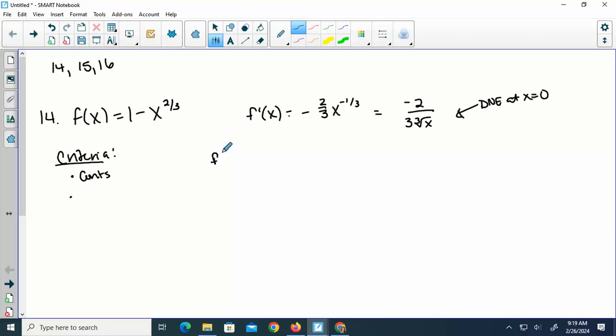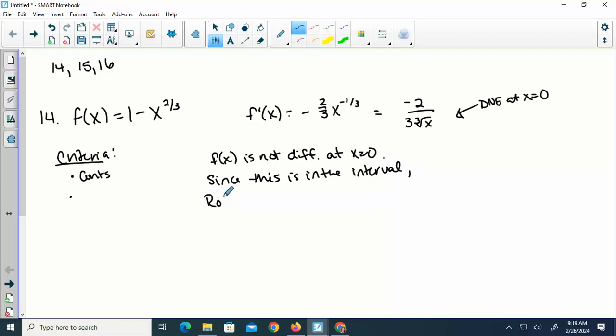So the function is not differentiable at x equals 0. Since this is in the interval, Rolle's theorem does not apply. It doesn't contradict anything because it didn't meet the criteria for Rolle's theorem to work in the first place.